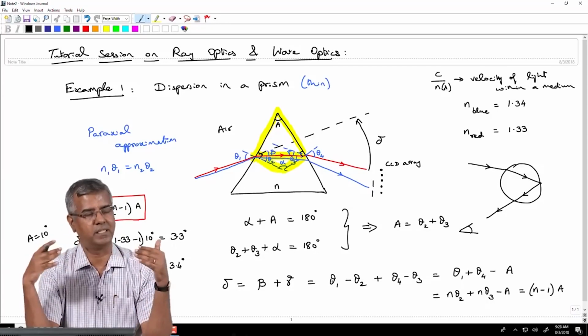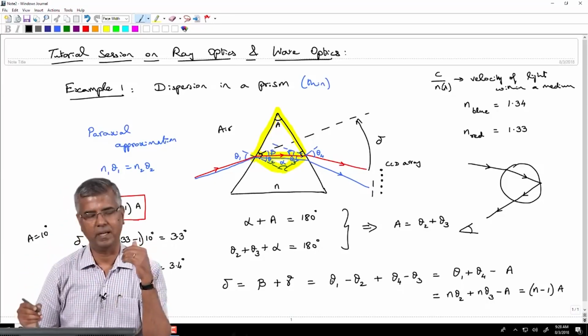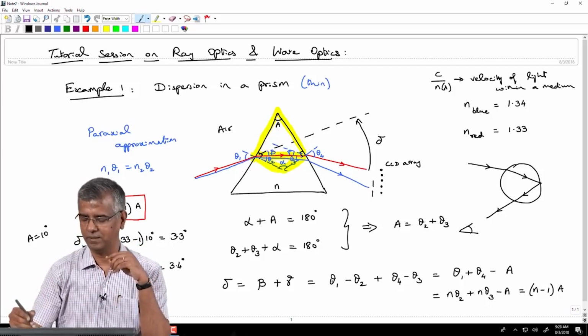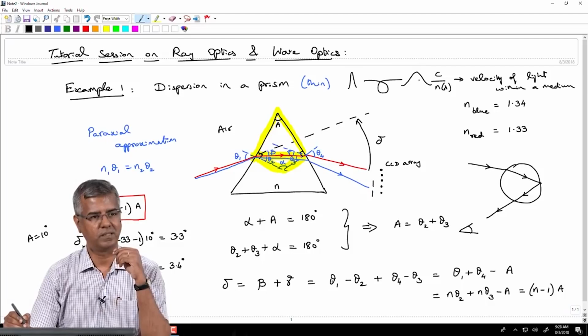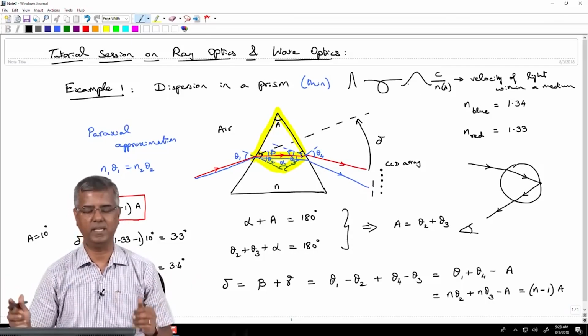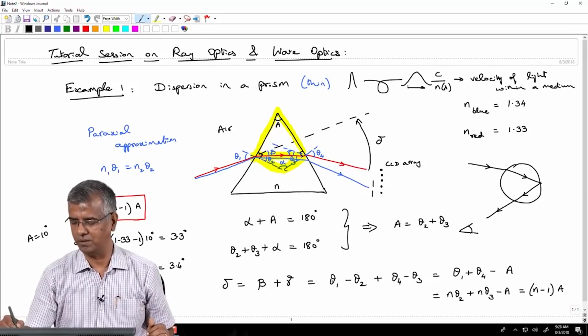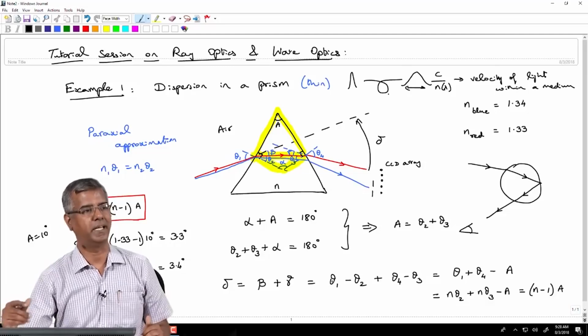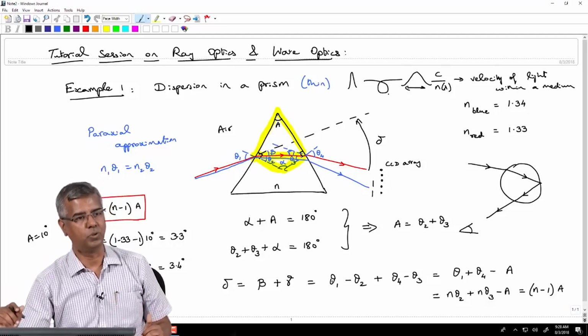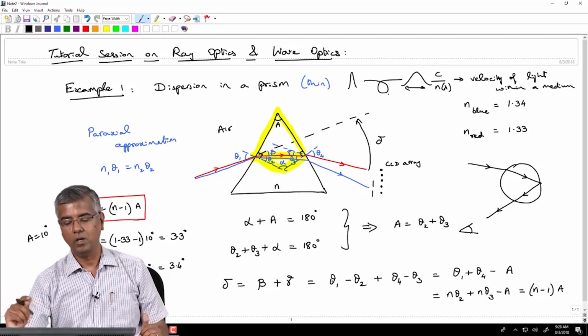You started with a narrow pulse, but after going through this optical fiber, it becomes a broad pulse, and they arrive at different times after they go through this fiber.